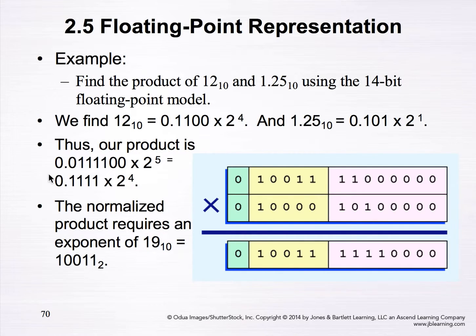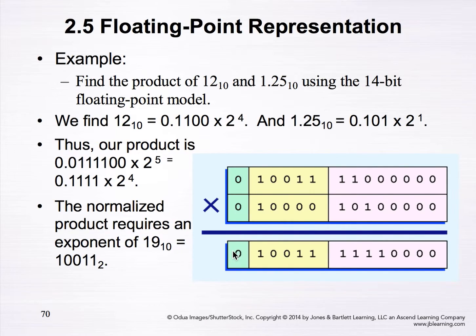Okay, so this is the normalized form, and then the result is represented in this form. We can see that 2 power 4 is added with 15 because it is excess 15 representation. So we have 19 represented by this binary string. So this one is the exponent part right here.